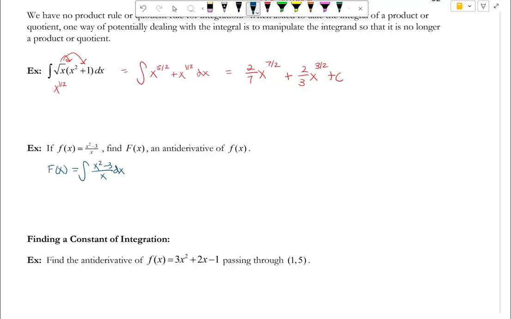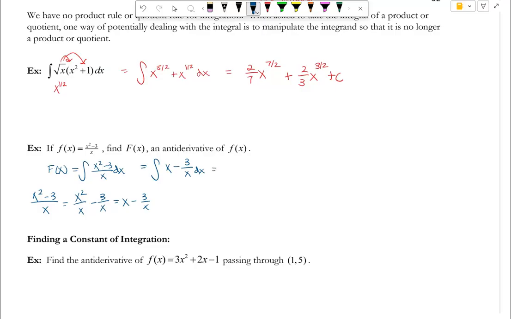I could do division of polynomials, but what would be easier is to just split the terms in my numerator, kind of uncommon denominate. So I know that this is the same as x squared over x minus 3 over x. And I could rewrite that as x minus 3 over x. So what we're really integrating here is x minus 3 over x.